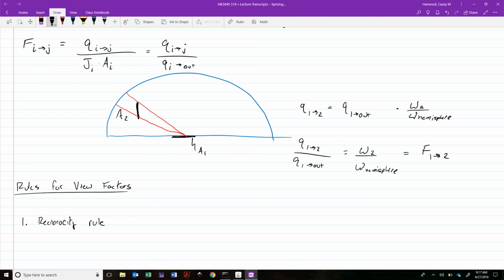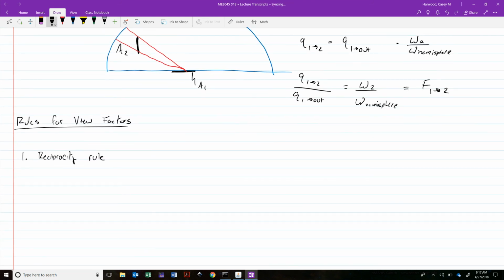First off is what's known as the Reciprocity Rule. And this says that Ai times Fij is equal to Aj times Fji. If you want to picture this graphically, what this means is that if you were to figure out the fraction of radiation from object I that's hitting object J, those occur in rays, the transmission of electromagnetic waves.